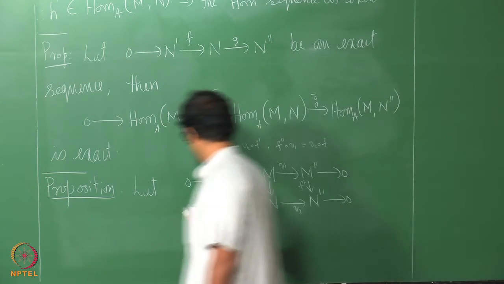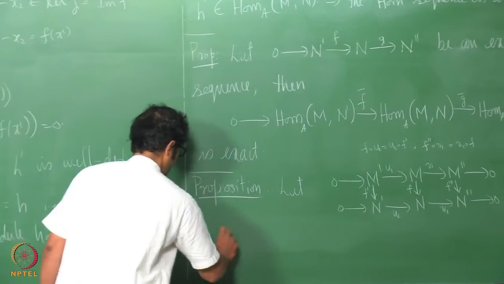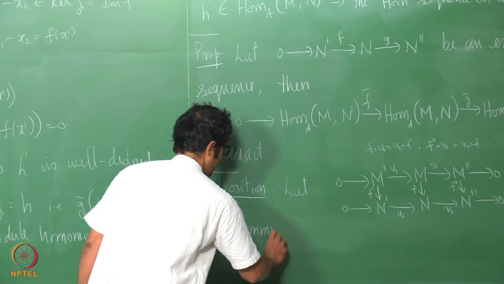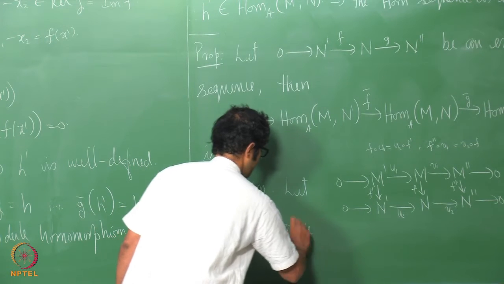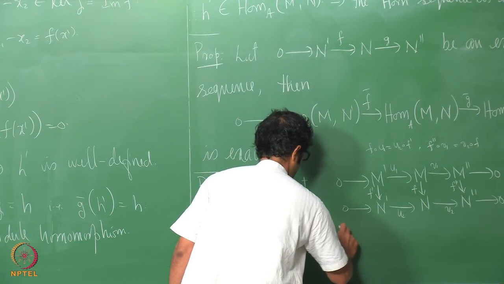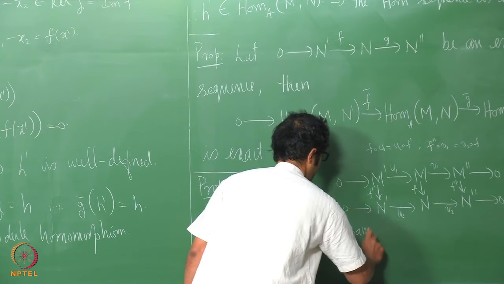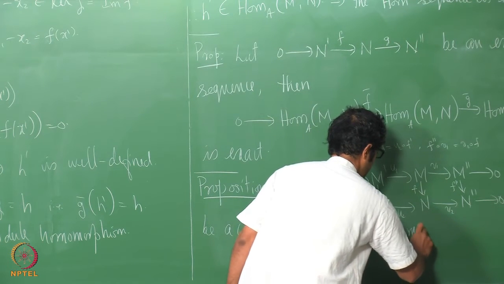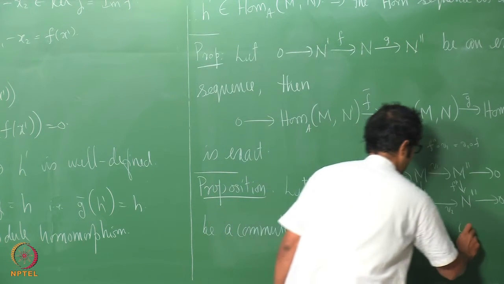Okay. So, let this be a commutative diagram of A modules and homomorphisms.